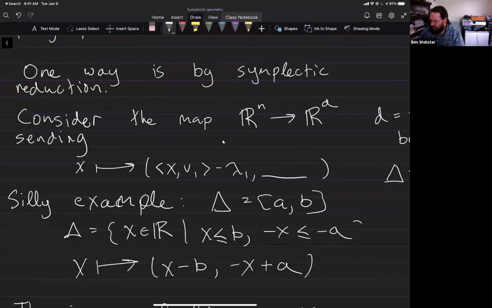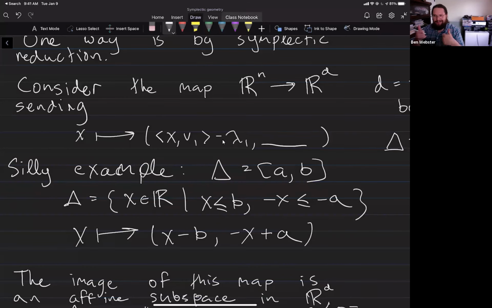So I'm going to do a silly but useful example. What happens when delta is just an interval in R? This is the easiest imaginable case, but it will hopefully illustrate what is going on. In that case, I have two bounding hyperplanes, so my d is going to be 2. And my inequalities written in the form I want are x is less than b and minus x is less than minus a.